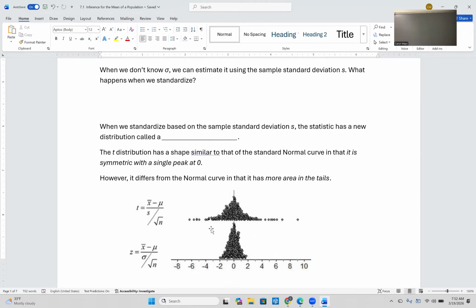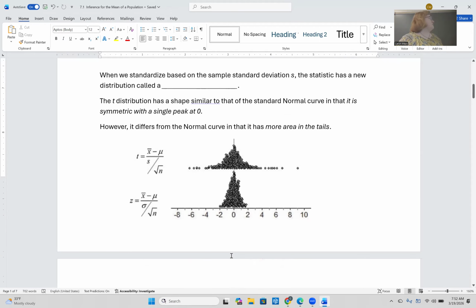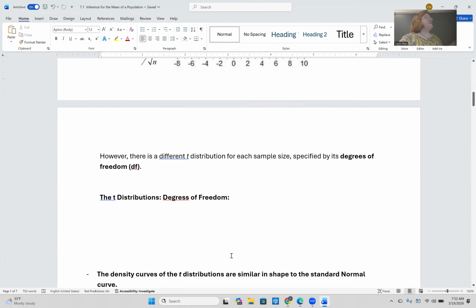With that more error, we get more area in the tail, so it has a slightly different shape than the normal distribution, known as the t-distribution. And so ultimately it came down to the process remains the same, except now we need to work in the degrees of freedom.